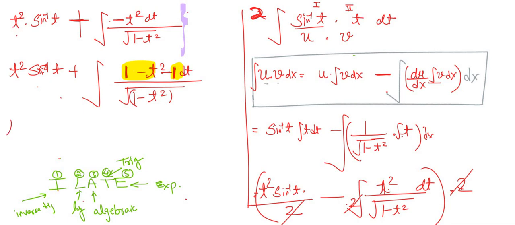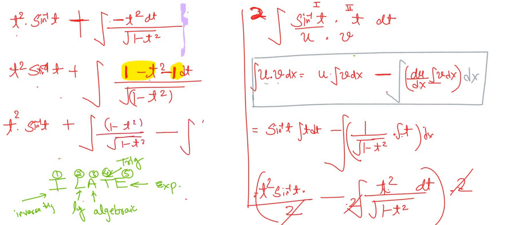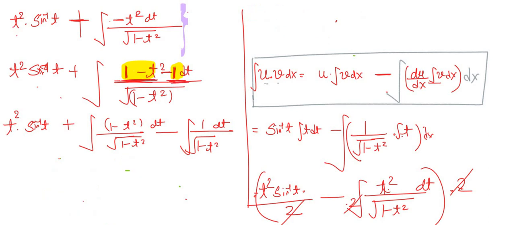Okay, let me do it. T square sine inverse of t plus integration of this part, 1 minus t square by root of 1 minus t square, minus 1 by root of 1 minus t square dt. So these two parts I have separated, this and this. Now what can we do?